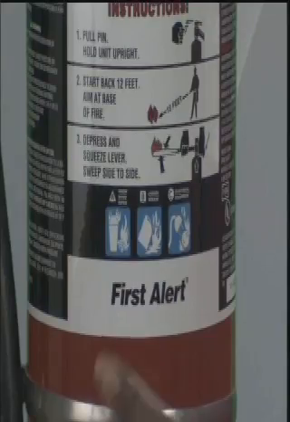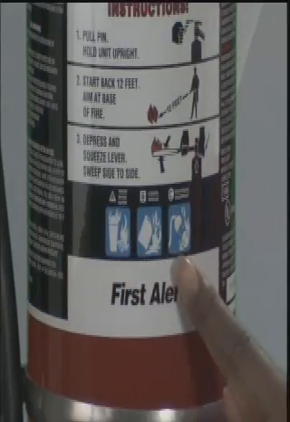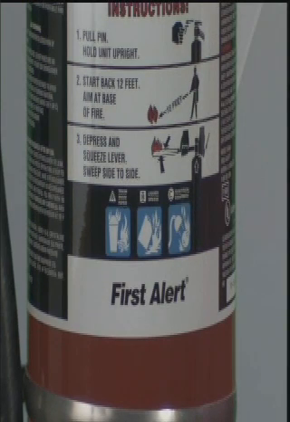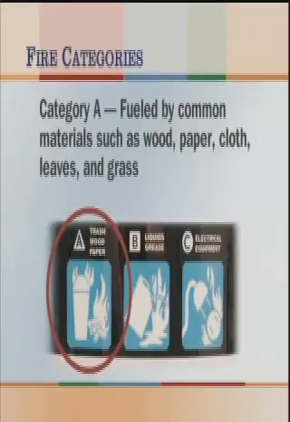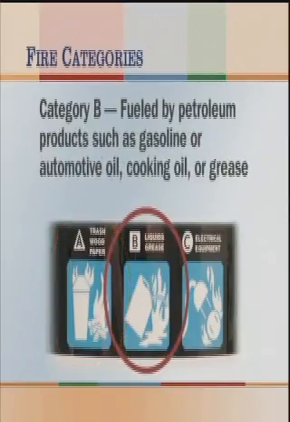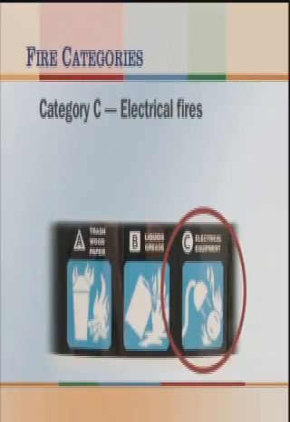This model is labeled A, B, C, meaning it can safely be used to combat all types of fires, including those in the category A, which are fueled by common materials such as wood, paper, cloth, leaves, and grass, as well as those in the B category, fueled by petroleum products such as gasoline or automotive oil, cooking oil, or grease, and those in the C category, consisting of electrical fires.